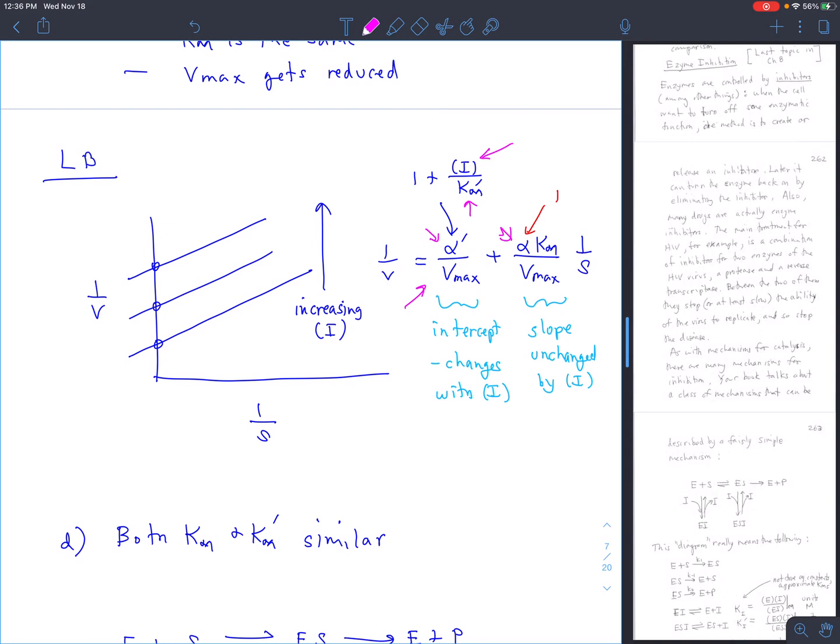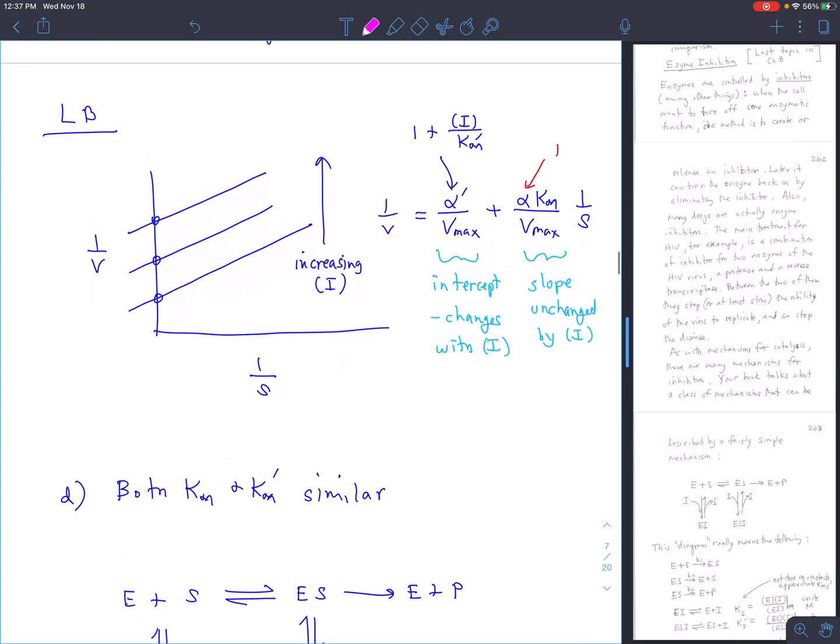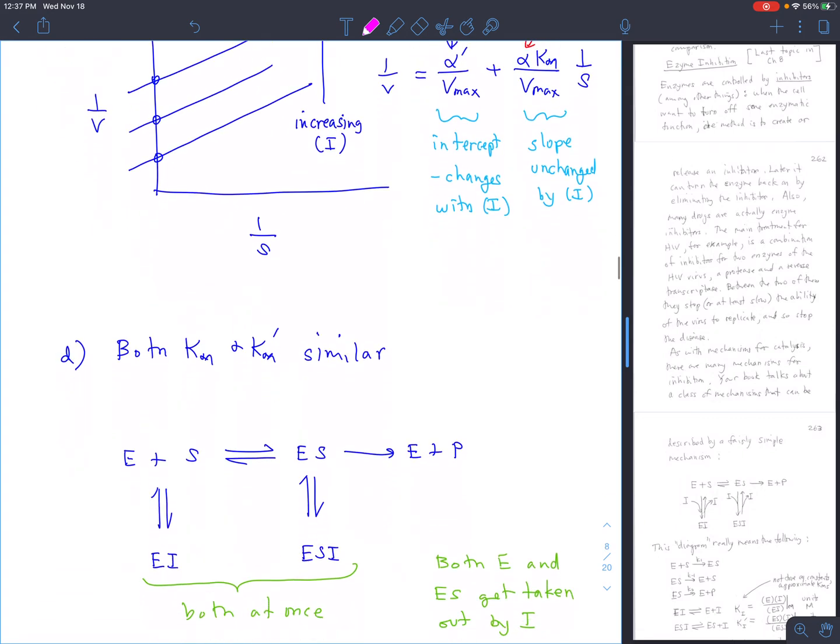And so we get a series of Lineweaver-Burk lines that all have the same slope, but their intercepts are changing as we raise the inhibitor concentration. So again, it's more or less the reverse, or converse, that's the word I was looking for, of the previous case, and it's sort of pure branch 2 kinds of inhibition.